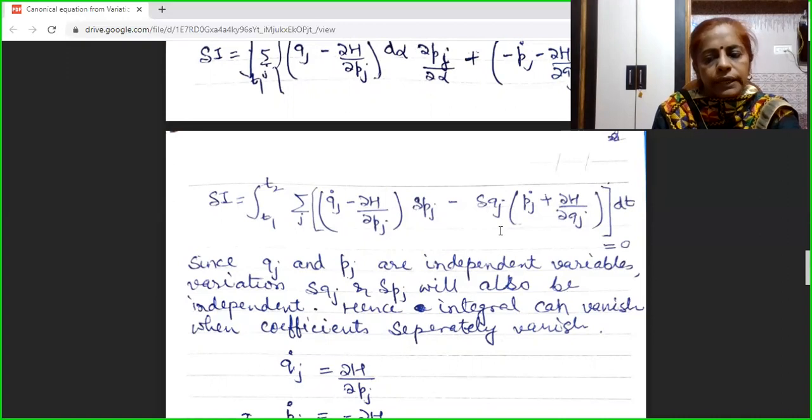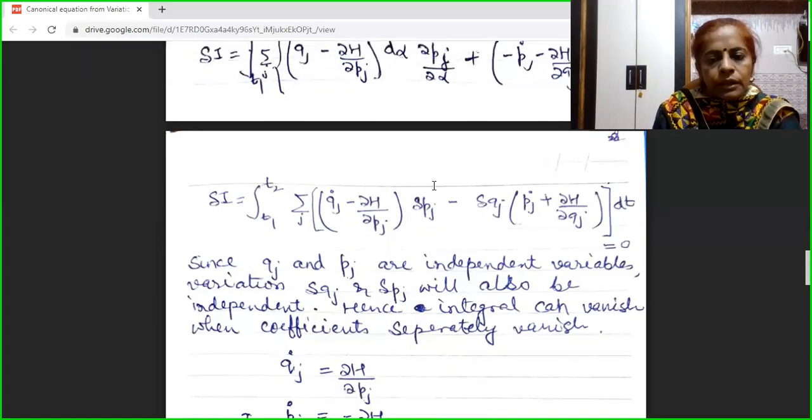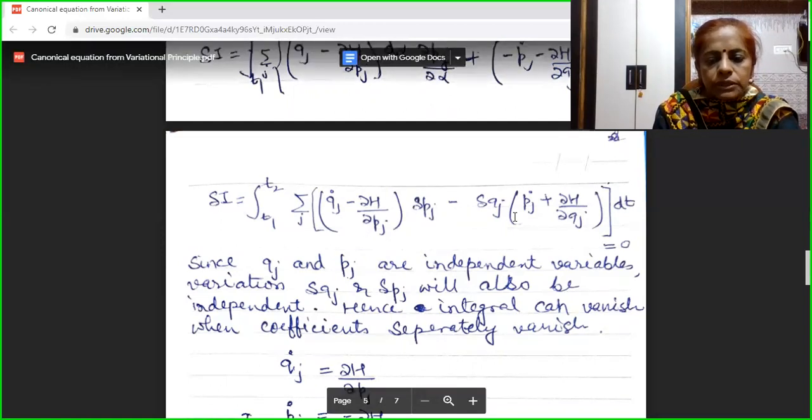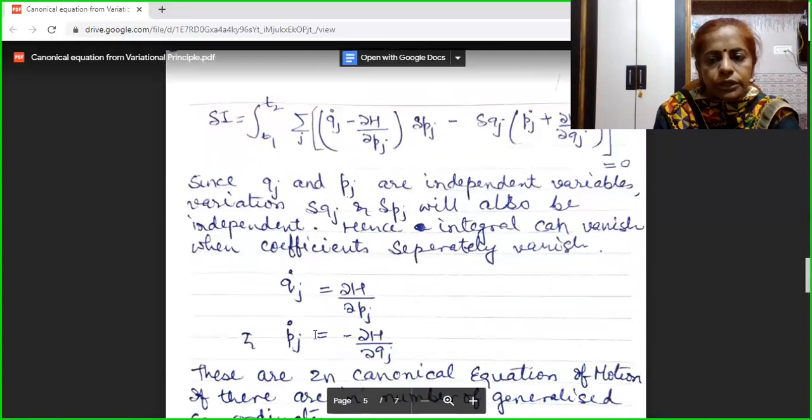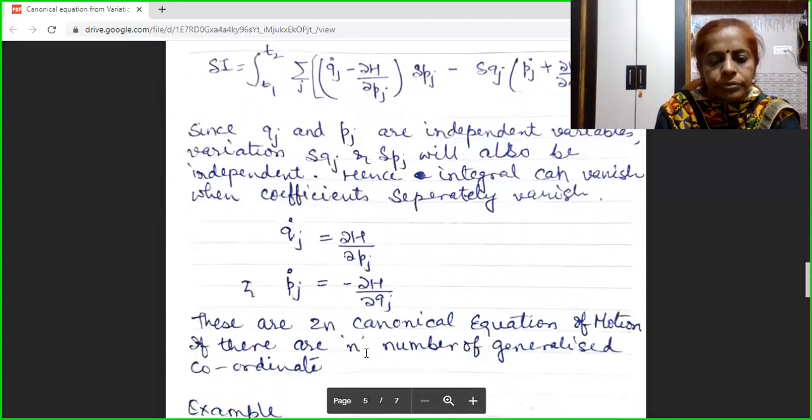Now for this integral to be equal to 0, the coefficients must separately vanish. So substituting the coefficient of del pj to be 0, I get qj dot equal to del h by del pj, and from the other term I get pj dot equal to minus del h by del qj.